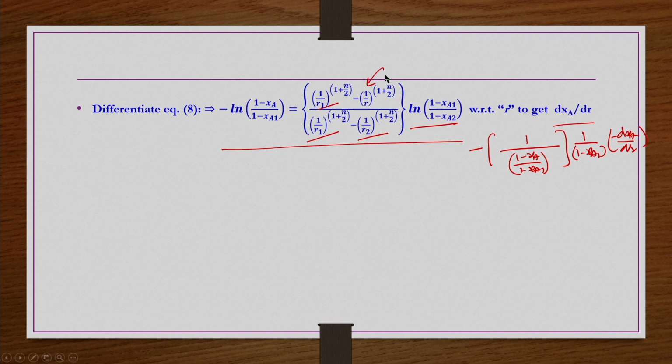So, only this one we have to differentiate. In the numerator we will be having 0 minus (1 plus n by 2) r power minus (1 plus n by 2) minus 1. This is what we have.